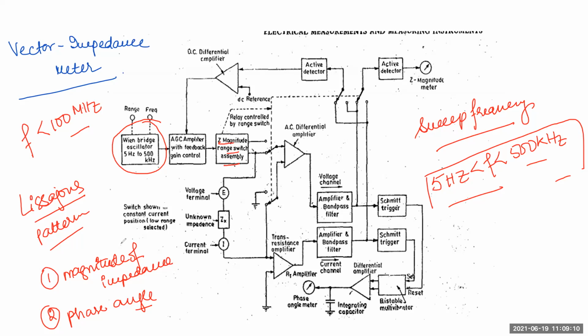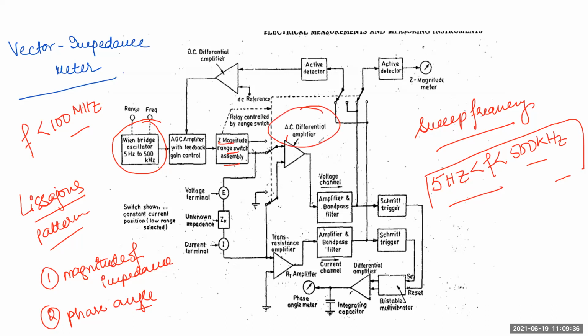Now there are two modes in which the impedance switch can operate. What are the two modes? One is constant current mode, another is constant voltage mode. In constant current mode, the unknown impedance will be connected across the input of the AC differential amplifier. So what is the AC differential amplifier? Here you see in this picture.